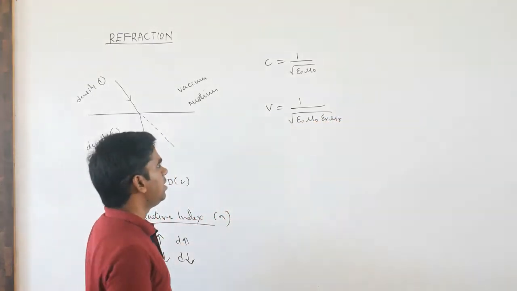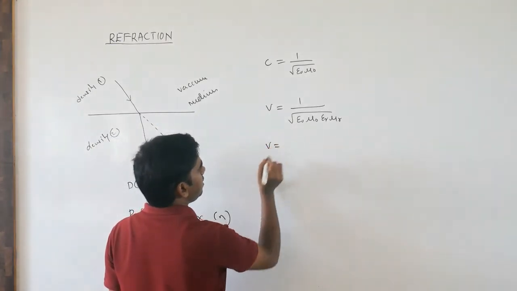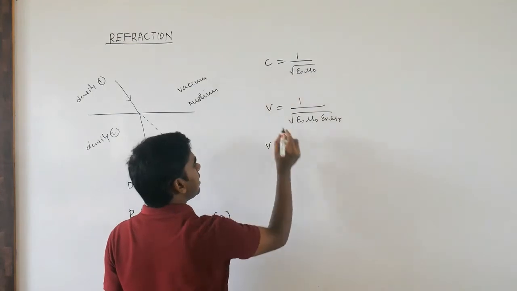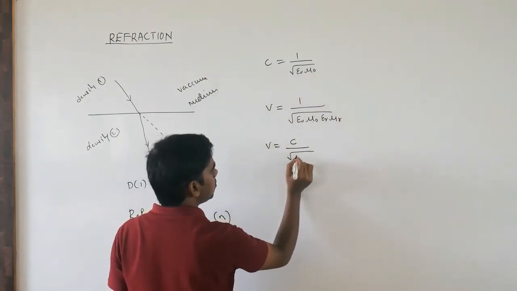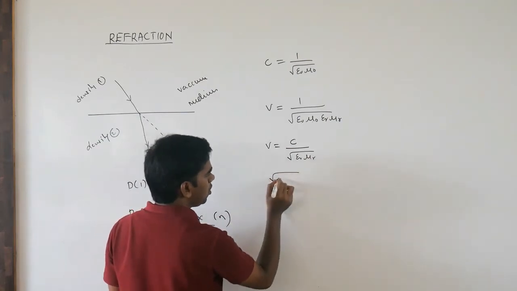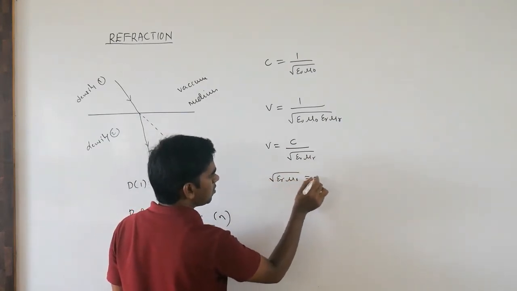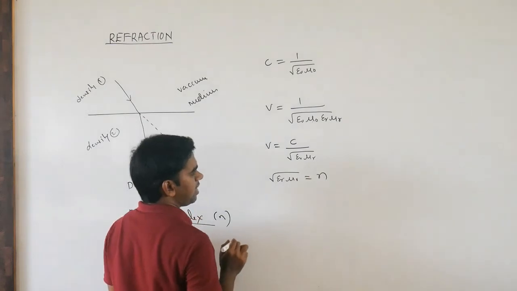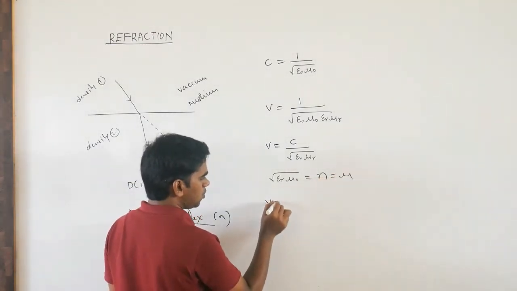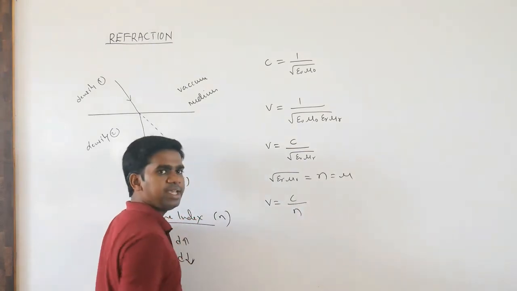So can I write it as c divided by root of epsilon r mu r? This root of epsilon r mu r is called the refractive index. I will denote it by n, or you can denote it by mu also. So v equals c divided by n.